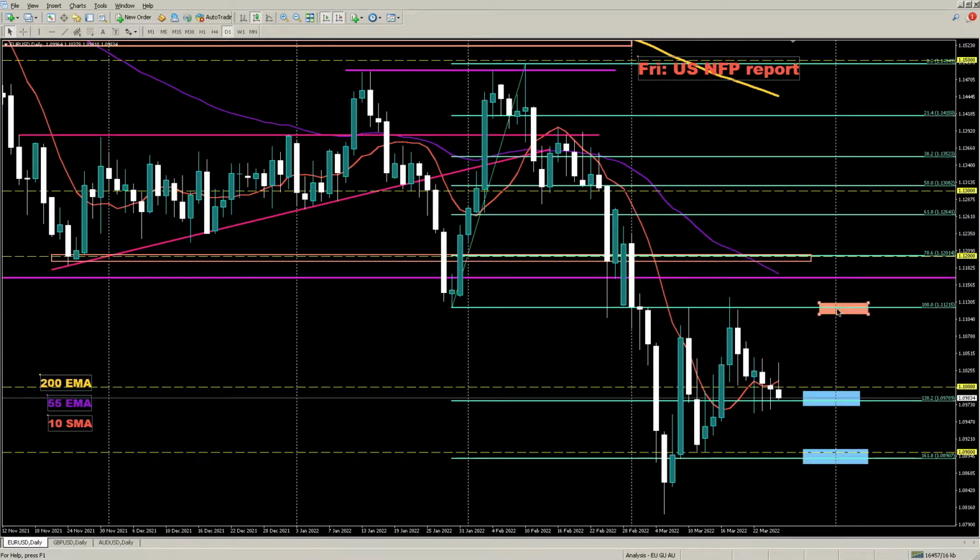So still the same resistance zone for next week, and if it does break out higher, there's this 112 area at the 78.6 retracement level. Support is still at the 138, and below that is the 109, here the 162 fib extension.